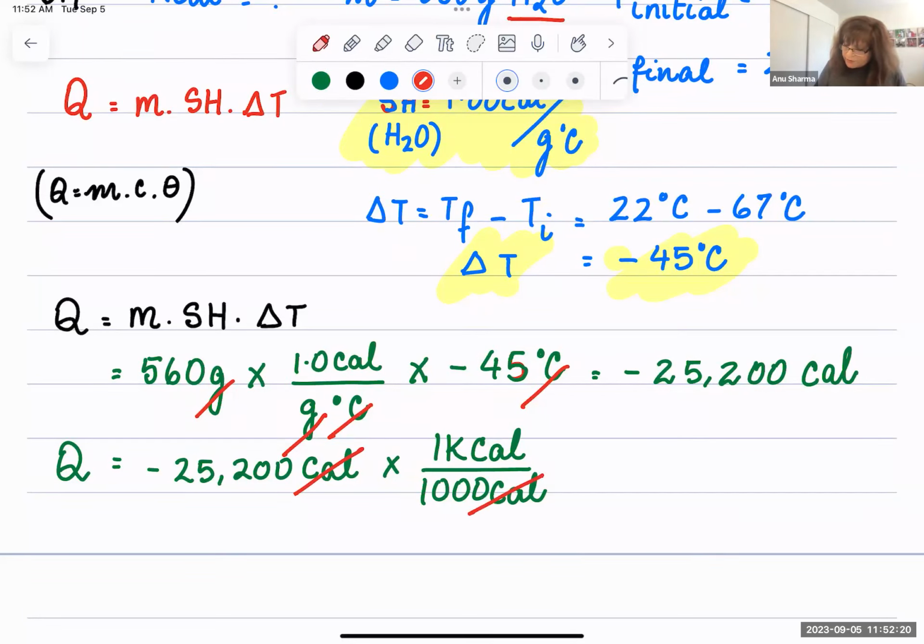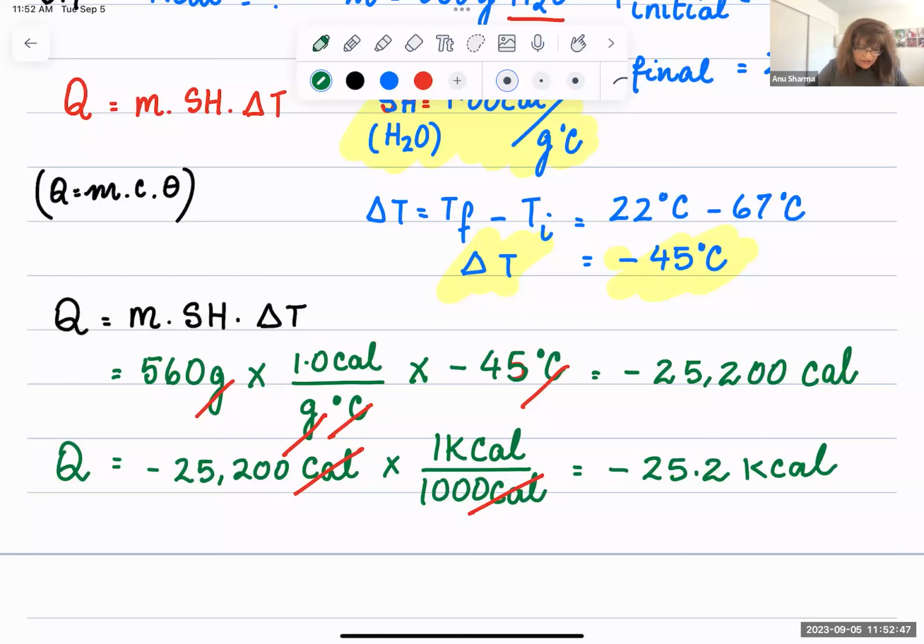So 25,200 divided by 1,000, and you get negative 25.2 kcal.